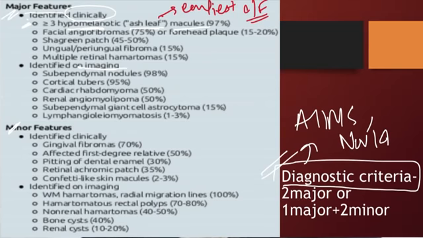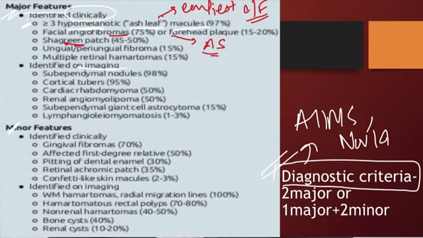What are the other cutaneous features? Facial angiofibromas or adenoma sebaceum, which is included in the Vogt triad as we've already discussed. So this is the second clinical manifestation. The third cutaneous lesion is the shagreen patch, which is nothing but a brown colored plaque-like growth present in tuberous sclerosis.